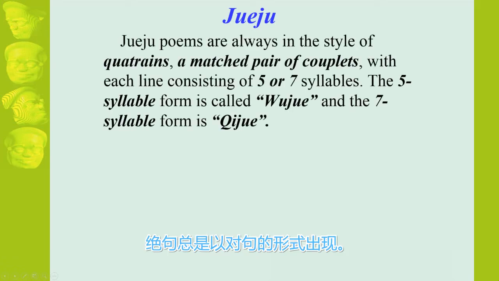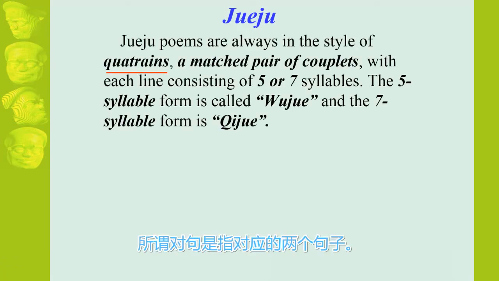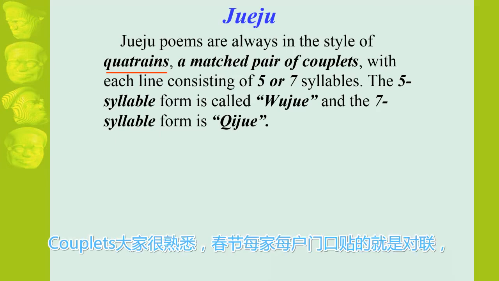绝句 poems are always in the style of quatrains. Okay, here, quatrains. Quatrains means a poem consisting of 4 lines. It means 四行诗. A matched pair of couplets. I think you are familiar with this word, couplet.